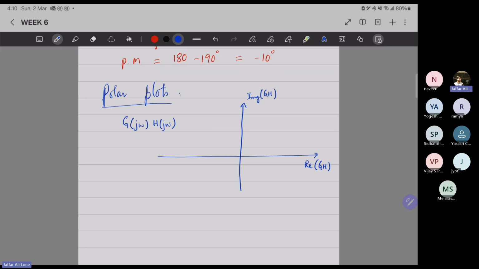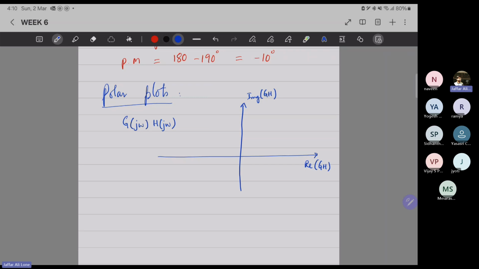As we vary frequency from 0 to infinity, how the plot looks in this plane is called a polar plot.